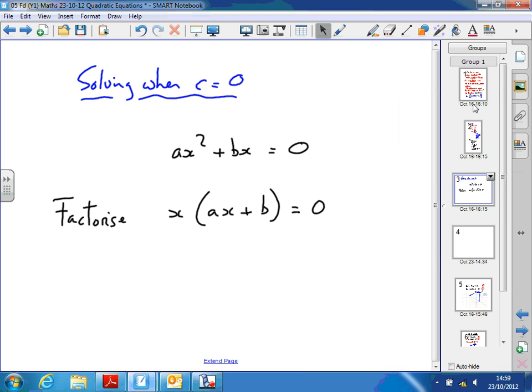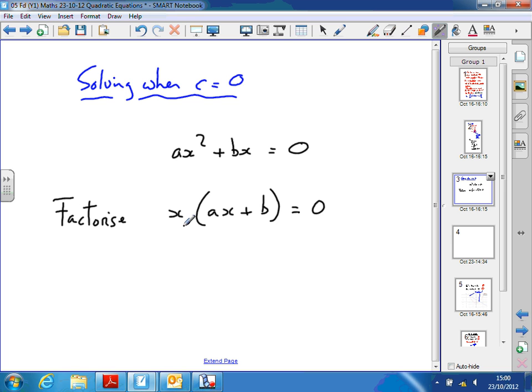Now we've got to here, it starts to become important that this right-hand side is 0, because what that's telling me is that the left-hand side must come to 0. So if x is 0, then 0 times anything is 0. So if x is 0, this will be true.